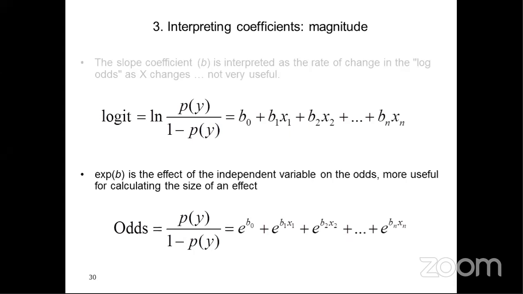The magnitude of the effect can be easily calculated and interpreted by making use of the odds ratio. So this is the interpretation in terms of the direction and the magnitude of the effect of your independent variable on the dependent variable.